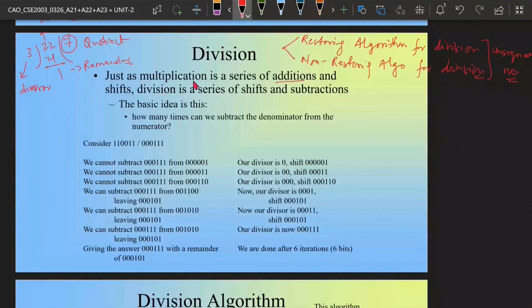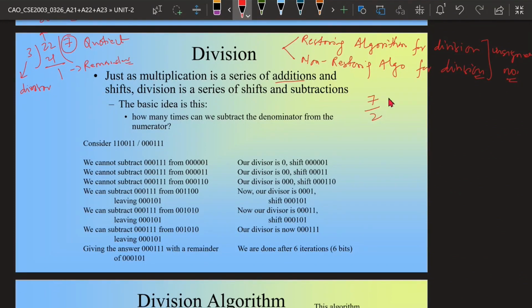In multiplication, if we are going to multiply a number with another number, we were doing addition and then shifting. A similar approach we can use for division. Suppose we are dividing 7 by 2.